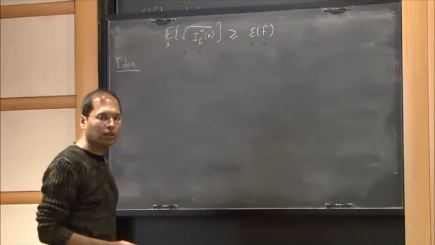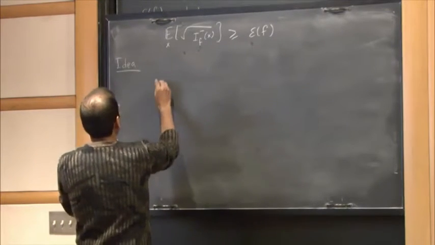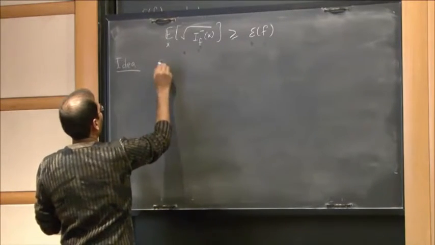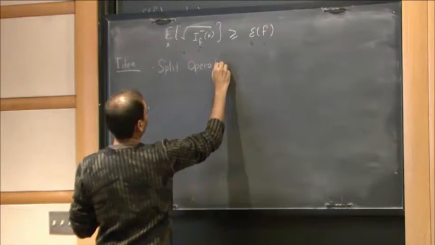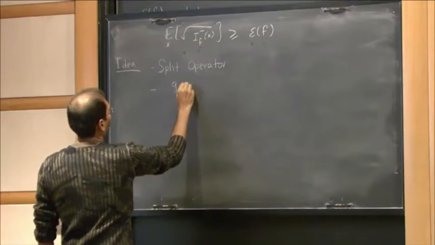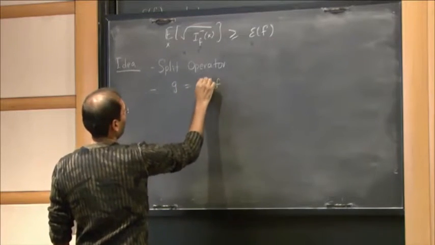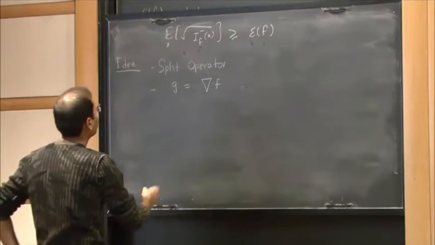So that's at least the first thing one would try. Let's write this down. This transformation we call the split operator. Maybe I will say what it is towards the end. Given a function f, the operator, this has nothing to do with gradient. It's just notation that looked convenient.